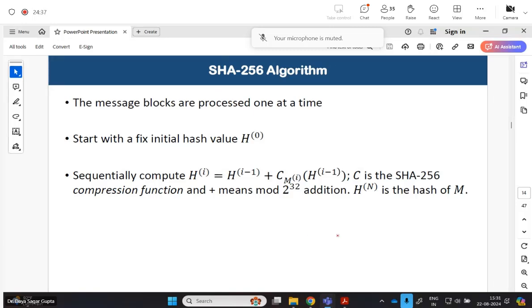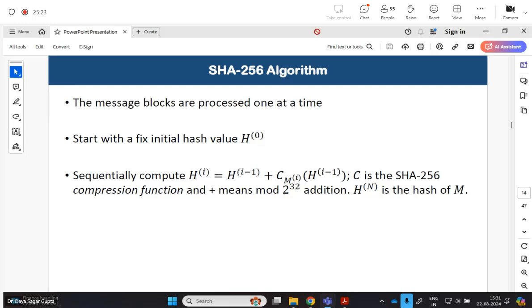This is the first block, this is the second block, and this is the nth block, where something has been padded because it is not a multiple of 512 bits. Every such block is further divided into 16 32-bit numbers. We have already chosen one initial value H0, and we are going to combine it with each block in turn.